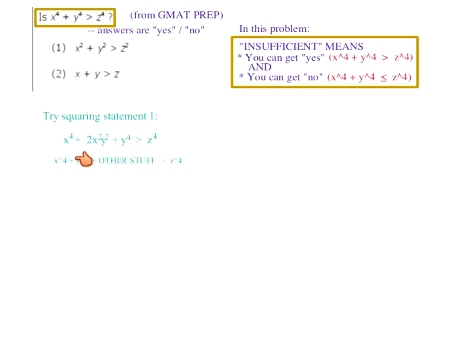It means that we don't have any idea what the relationship is between just this and just this. So the other stuff is a square term.